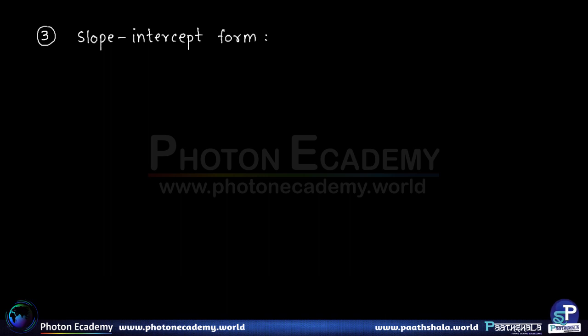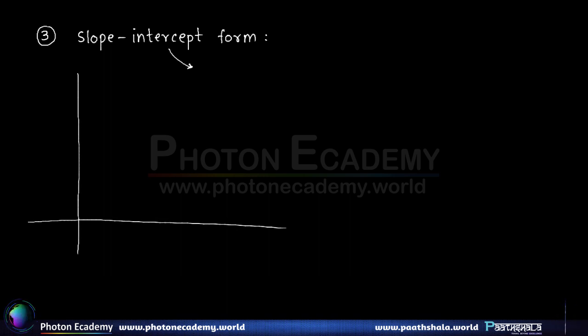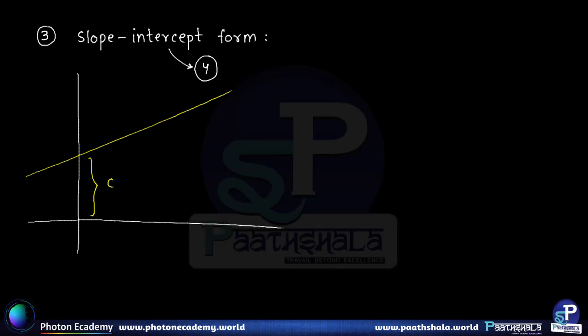Here we have the slope intercept form, and by intercept we mean the y-intercept. That means we know where the line cuts the y-axis, say at c. Now if c is positive, it means it cuts the positive y-axis. The slope of the line is known to us. We consider a general point, say x comma y, as usual.